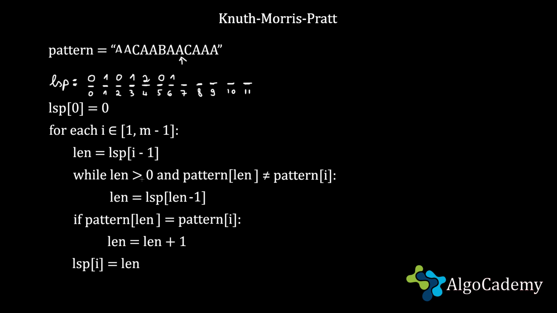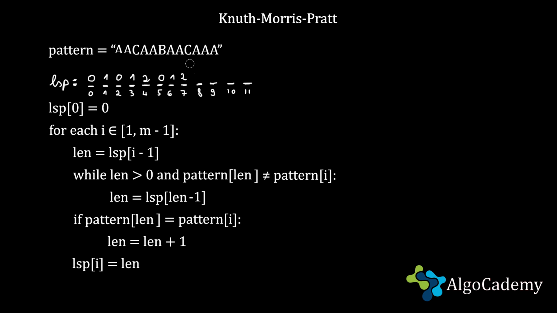Cool. Len is greater than 0. It is. Is pattern of 1 different than pattern of I? It's not. Okay. Nice. So, again, check this. Len is incremented. So LSP of I is LSP of I minus 1 plus 1 in this scenario. We can extend. And the value here is going to be equal to 2.